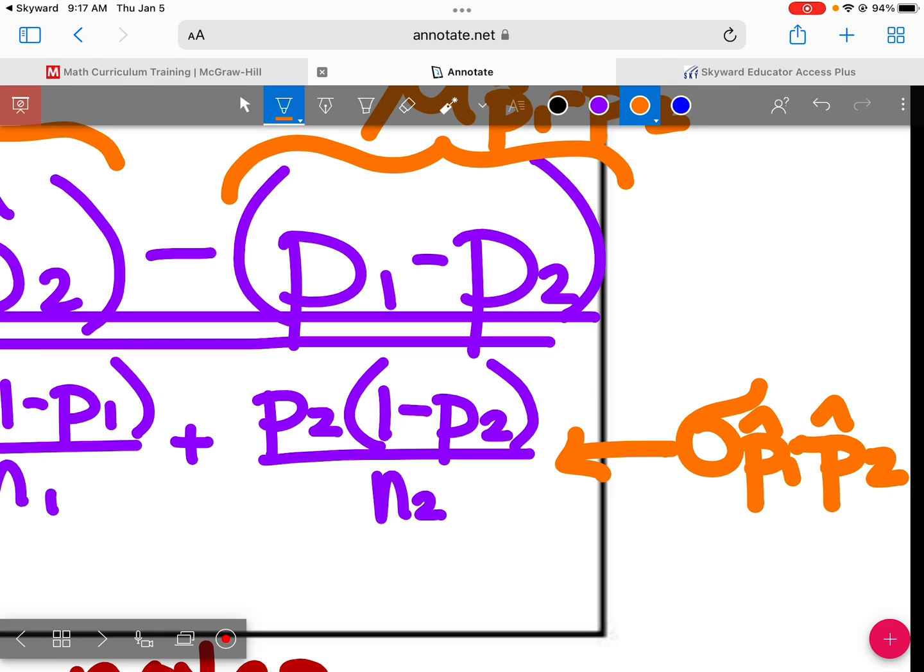Once you guys are done copying this into your notes, I want you to take about 5 minutes and try the check your understanding at the bottom.